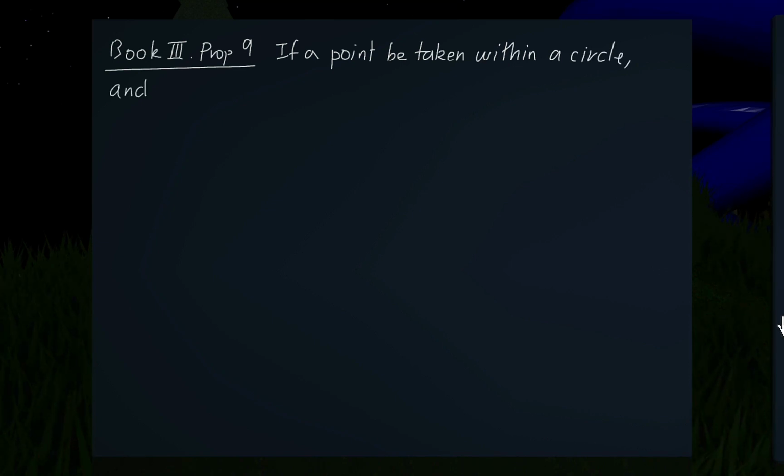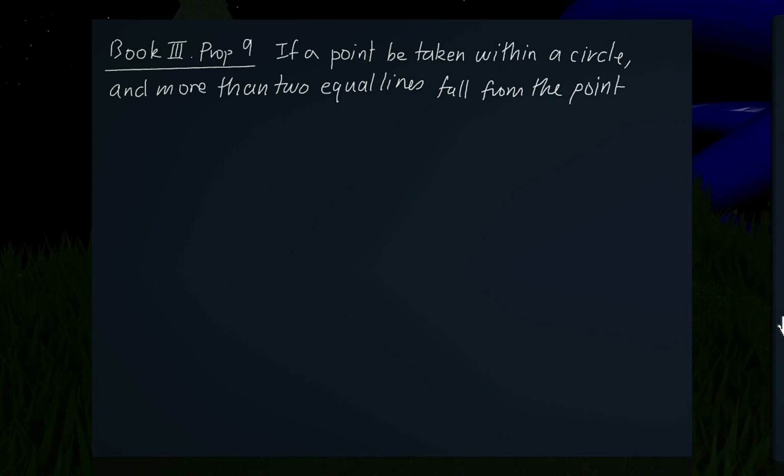So what it says is, if a point be taken within a circle, and more than two equal lines fall from the point on the circle, then that point is the center.